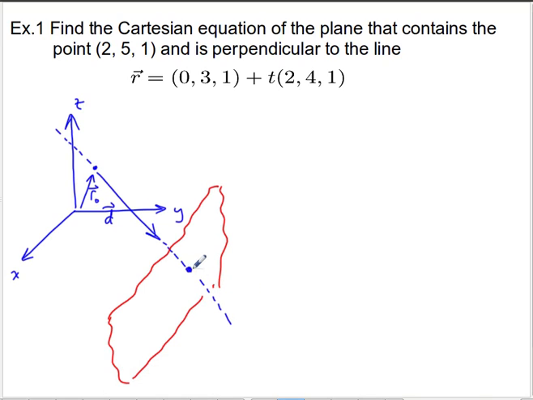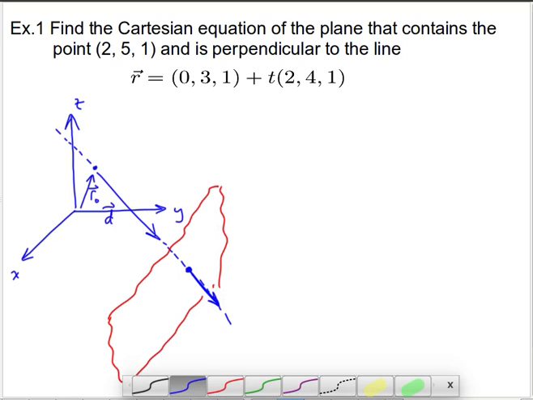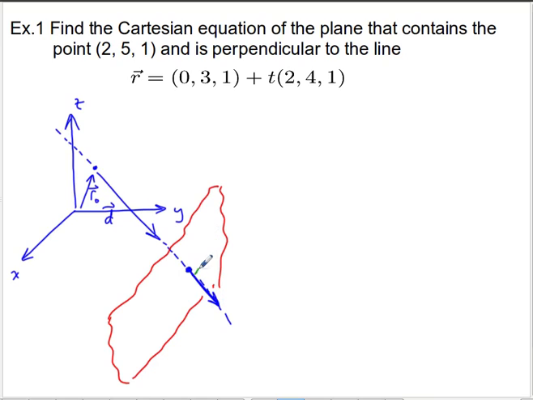Let's say it punctures the plane right there. Well, that means that the direction vector that we originally drew actually has to be perpendicular to the plane, because the idea is the direction vector punches straight through that plane, and that means it's perpendicular.